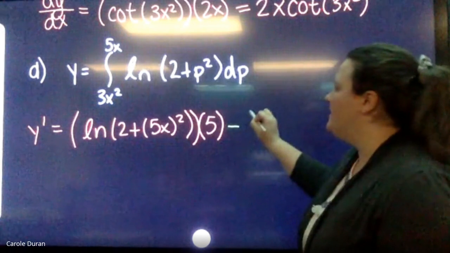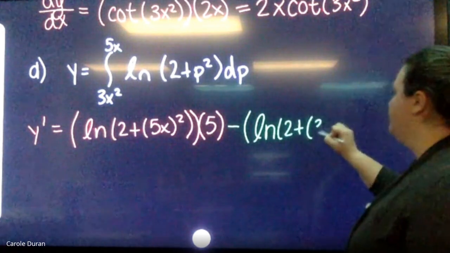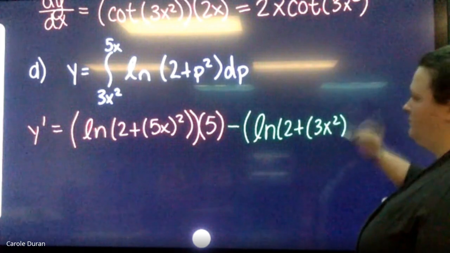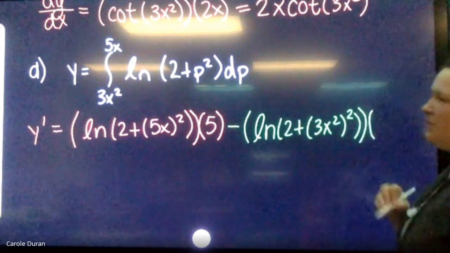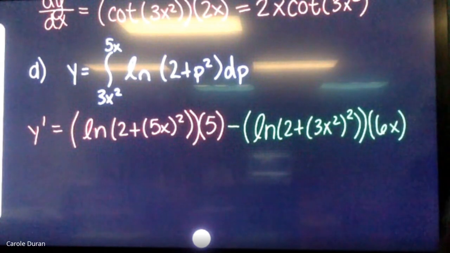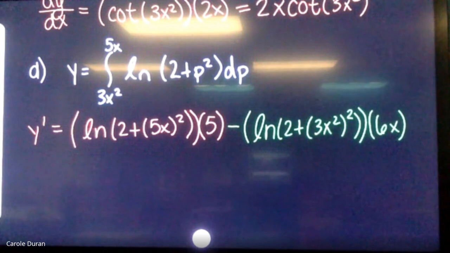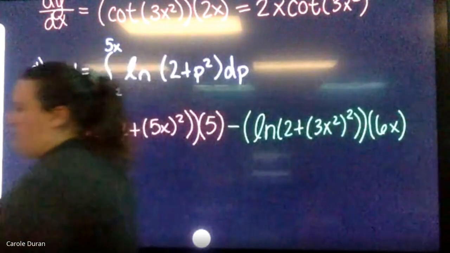And then minus the same thing with the 3x squared plugged in, times the derivative of 3x squared, which is 6x. So I just plugged the top in, multiplied the answer by the derivative of 5x, then minus, plug the bottom in, multiplied by the derivative of 3x squared.